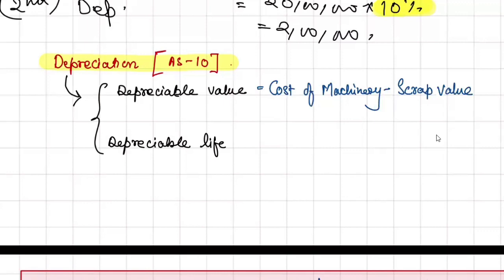We learned this in the last session only, but I forgot to introduce the term. After that, I remembered that this word should be introduced to you all. So I'm just giving those names, but you know it actually. From cost, scrap value has to be deducted. And depreciable life is nothing but the estimated economic life of the asset.